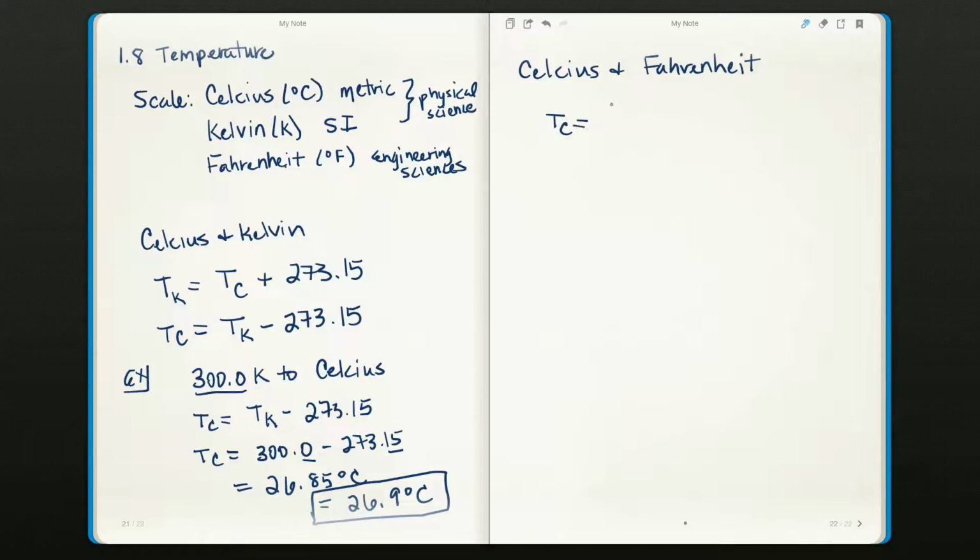So temperature in Celsius is equal to 5/9 times temperature in Fahrenheit minus 32, or temperature in Fahrenheit is equal to temperature in Celsius times 9/5 plus 32.